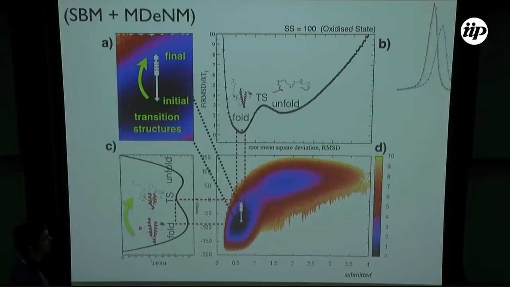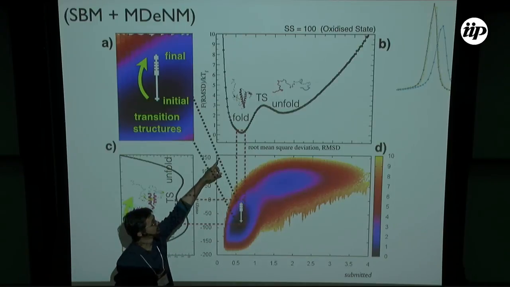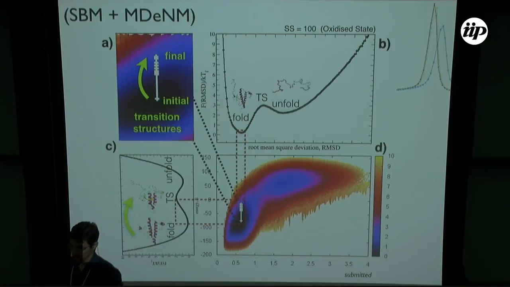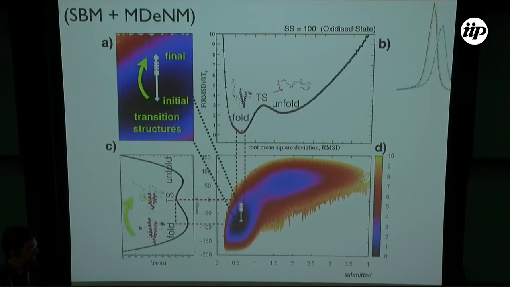If we look at the RMSD deviation, the structure doesn't fluctuate that much. But when we look at the total energy coordinate, you can see it's a kind of transition state. The infectious structures are not on the most probable unfolding path, but off this path.